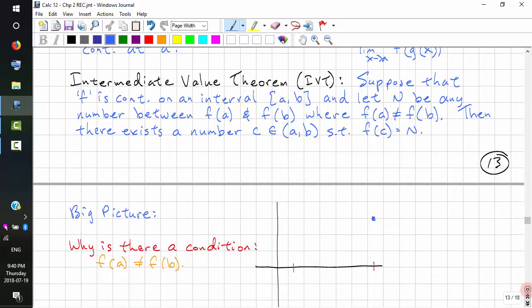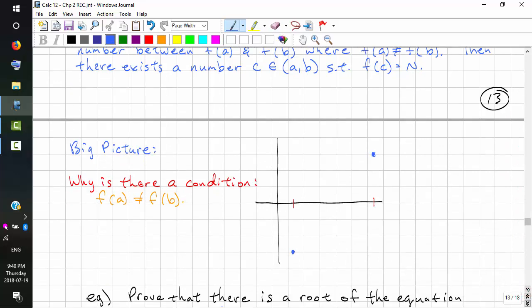So let's look at what it means. Here we have A, here we have B. This must be f of A, this must be f of B. We need to draw a continuous function. It can go up and down as many times as it wants, but it has to be continuous.